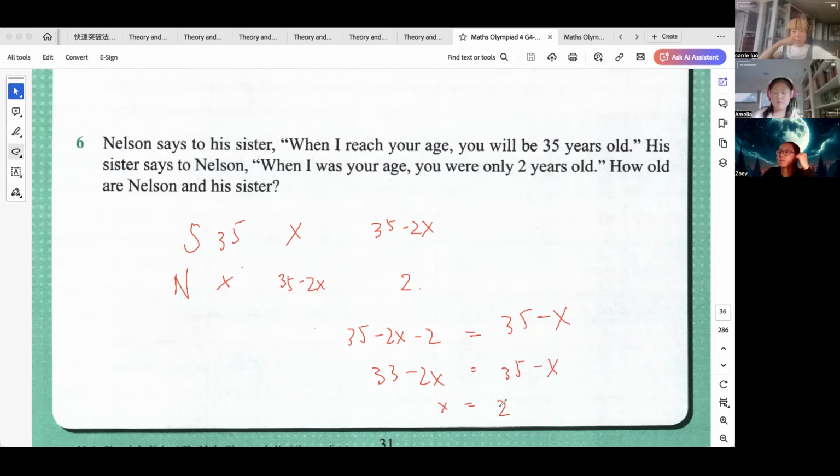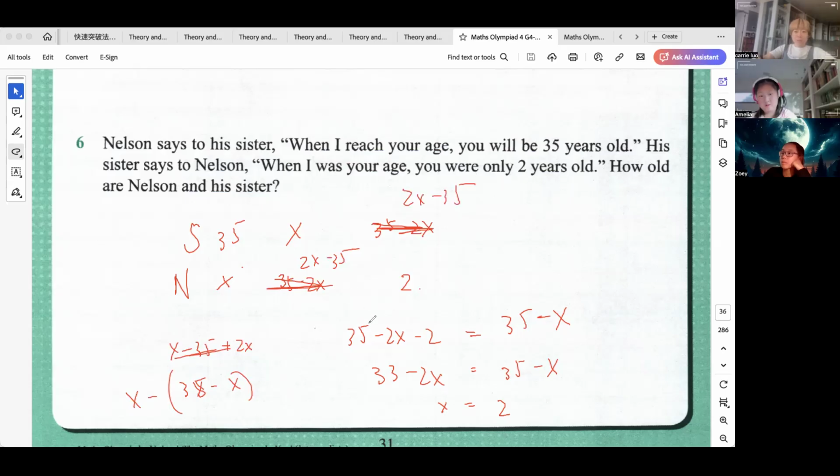Why is it negative? X minus 35 plus 2X. Yeah, here is wrong. Sorry. So X minus 35 minus X should be 2X minus 35.